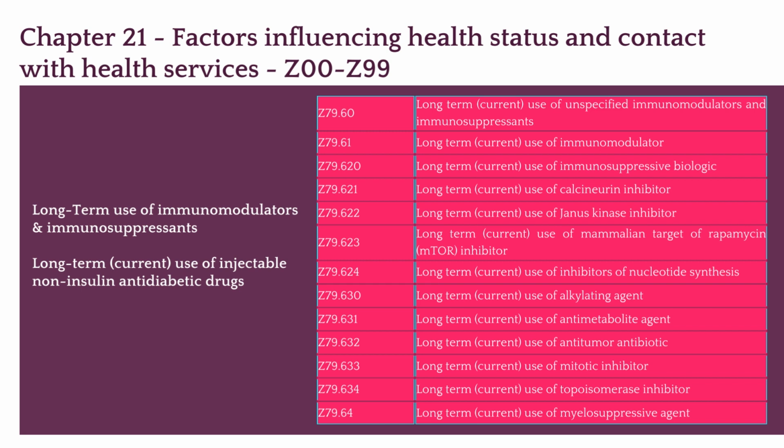Calcineurin inhibitors, Janus kinase inhibitors, and many other immunosuppressants that are used on a long term basis are all coded to this category Z79. Now, there are also many new codes and inclusion revisions to the existing codes in categories Z71, Z72, Z79, Z87, and Z91. These provide additional granularity for factors preventing quality care to the patient.